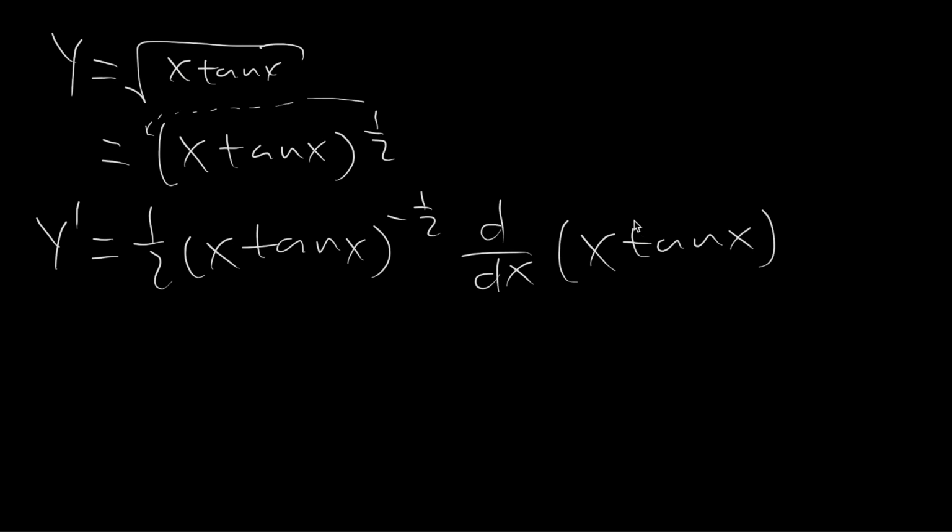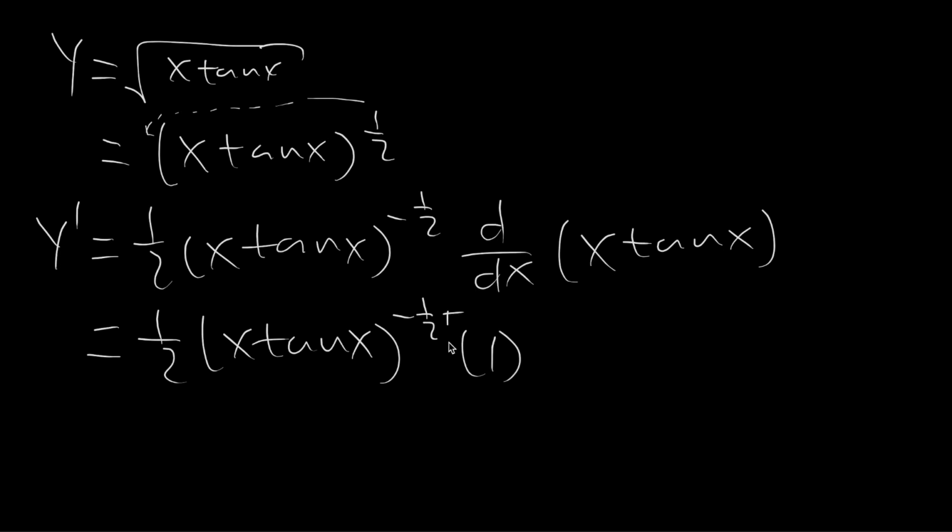Now we can apply the product rule. You take the derivative of x first, which is equal to 1, and then you multiply 1 with tangent x, and then you have a plus sign here. So x times the derivative of tangent x, which is secant squared x. Okay, now we can simplify this.